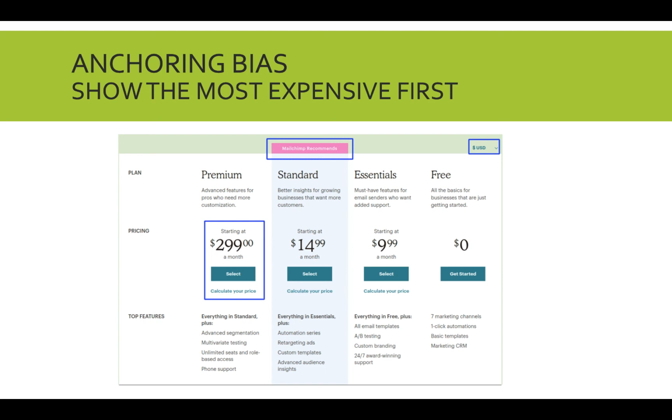Just some more. Sometimes we use words in addition to price. So you've got the premium, the standard, essential, and free. And oftentimes, based on who you are, we're going to tell you which one we think you're the best fit for. So we will show the most expensive first, and then we will show you which one is most applicable to you.